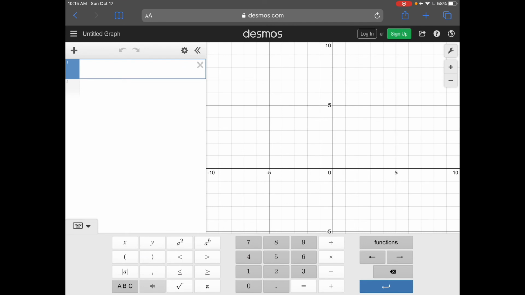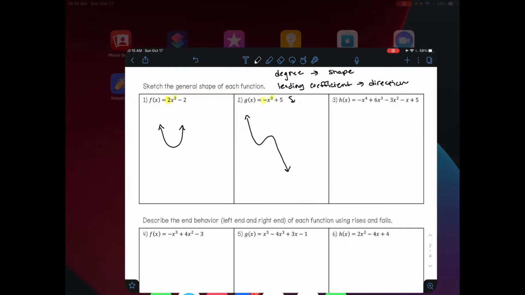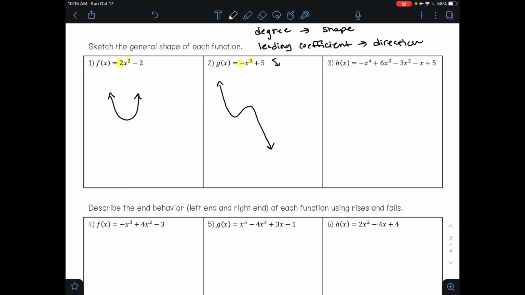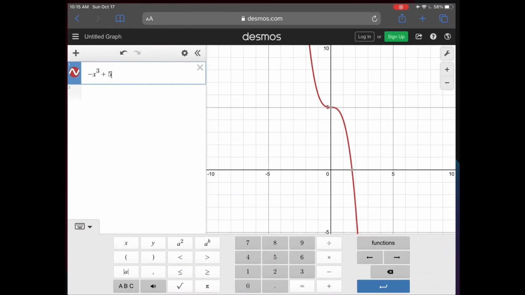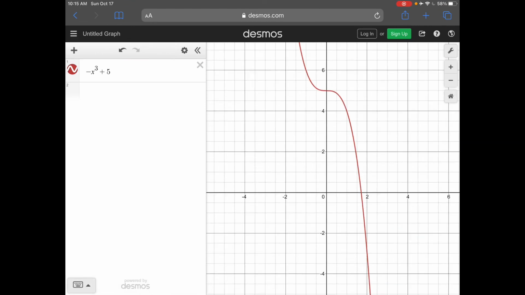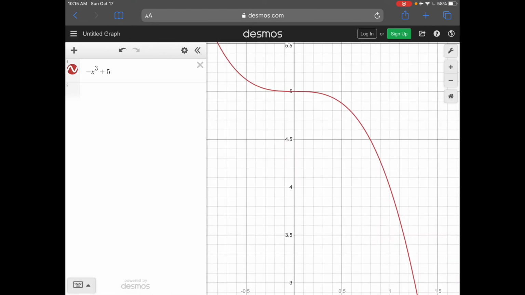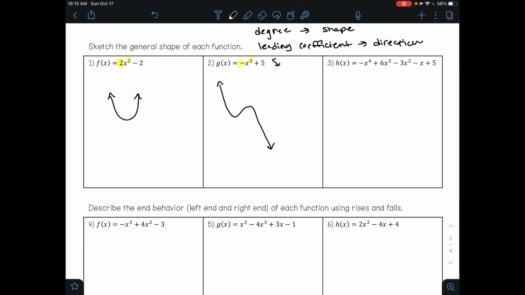So I'm just going to type in negative x cubed plus 5. And that's the general shape. It starts up tall, has a little bump in the road, and goes down. If we look at what I drew, it's the same idea. We're just getting the general shape. It doesn't have to be perfect. If you zoom in on Desmos, it gives you more of an idea of what it's going to look like.